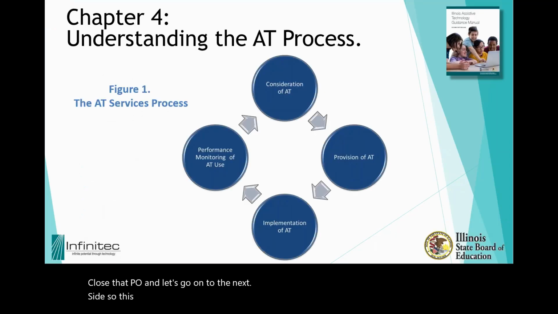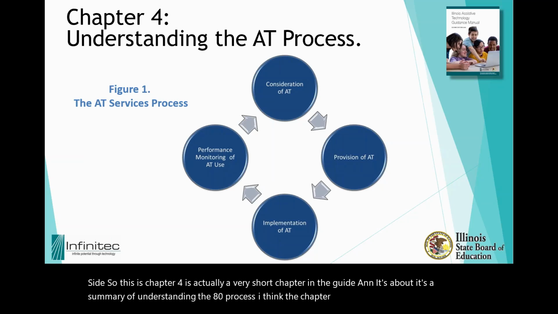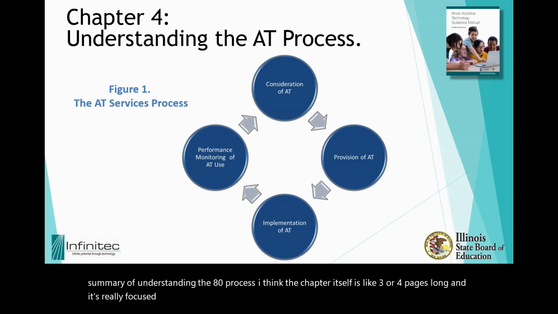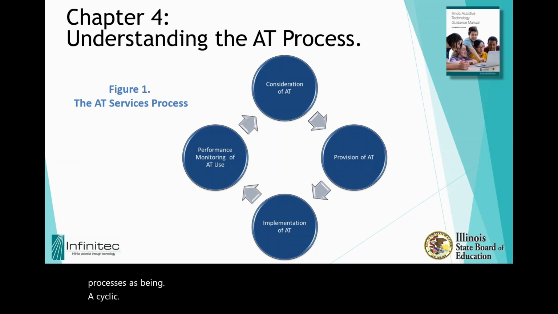So chapter 4 is actually a very short chapter in the guide, and it's a summary of understanding the AT process. I think the chapter itself is like 3 or 4 pages long, and it's really focused on these 4 areas that are shown in the chart on this slide. So it shows AT processes as being a cyclic activity that should start with consideration of assistive technology.